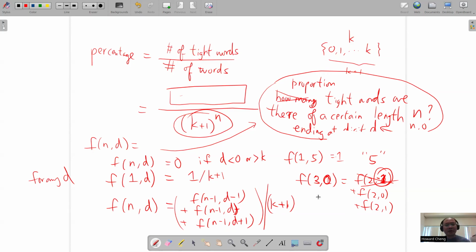And this actually is better. Why? Because if I actually compute the total, like k plus 1 raised to n, it will actually overflow for 100 digits long. So it's better that we compute a proportion everywhere. So that's basically the recursion.